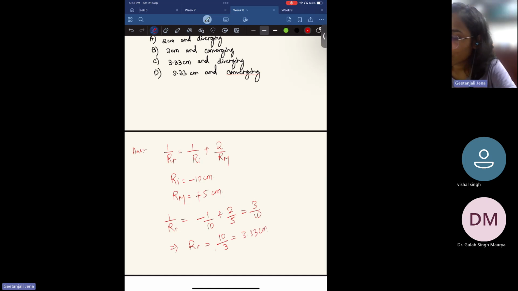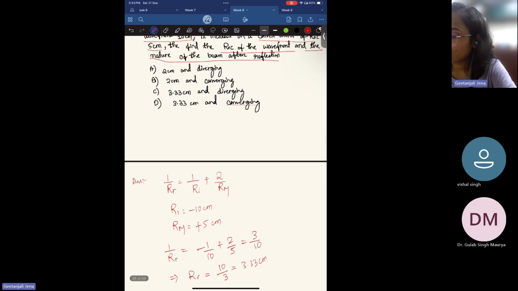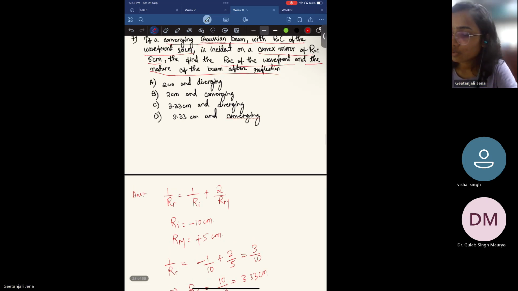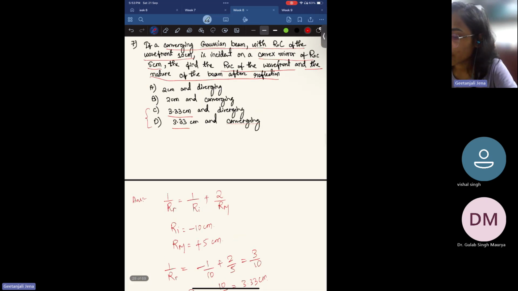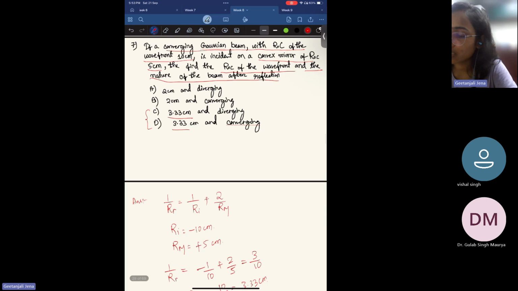And because it is positive, that means the beam will diverge. Because this RR is positive, the beam after reflection will diverge after getting reflected from the convex mirror.